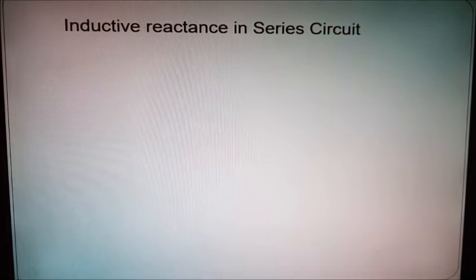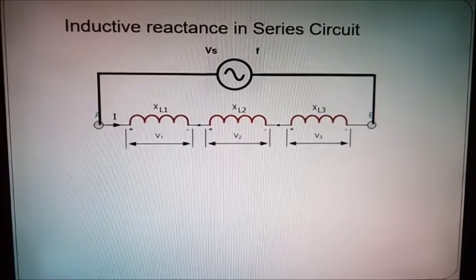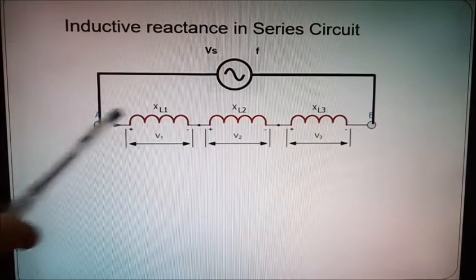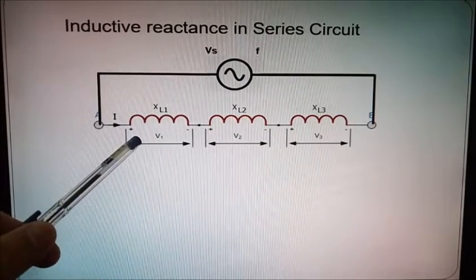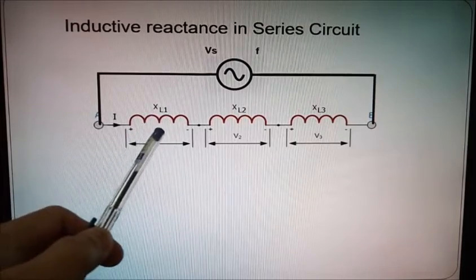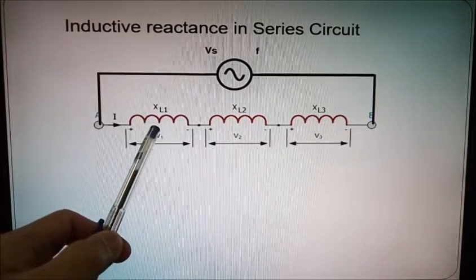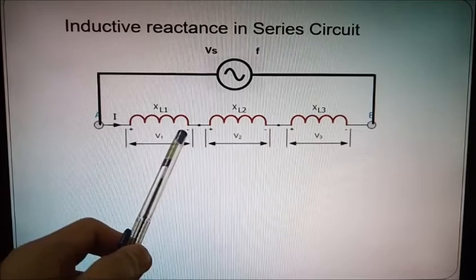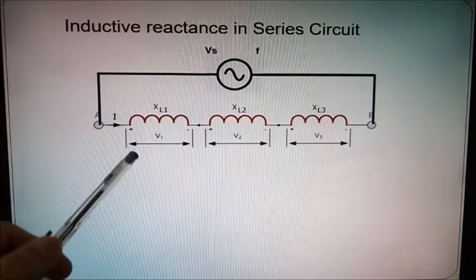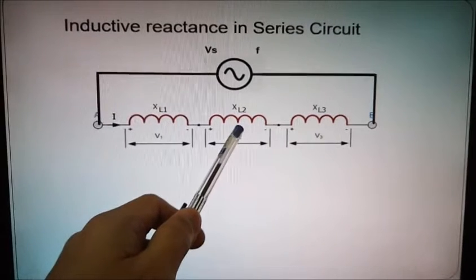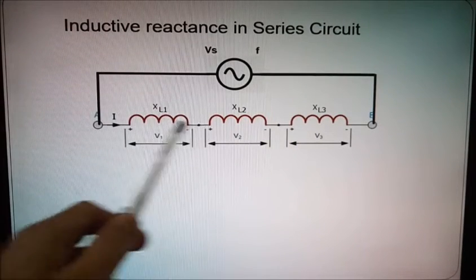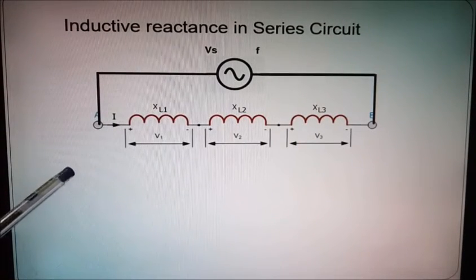Now, let's proceed to inductive reactance in series circuit. This is a series circuit of inductors connected in series: L1, L2, and L3.